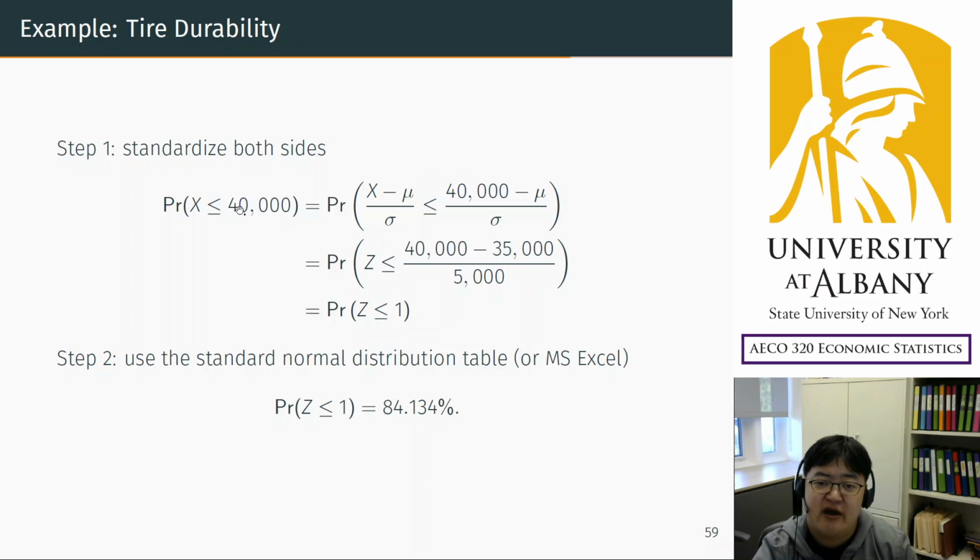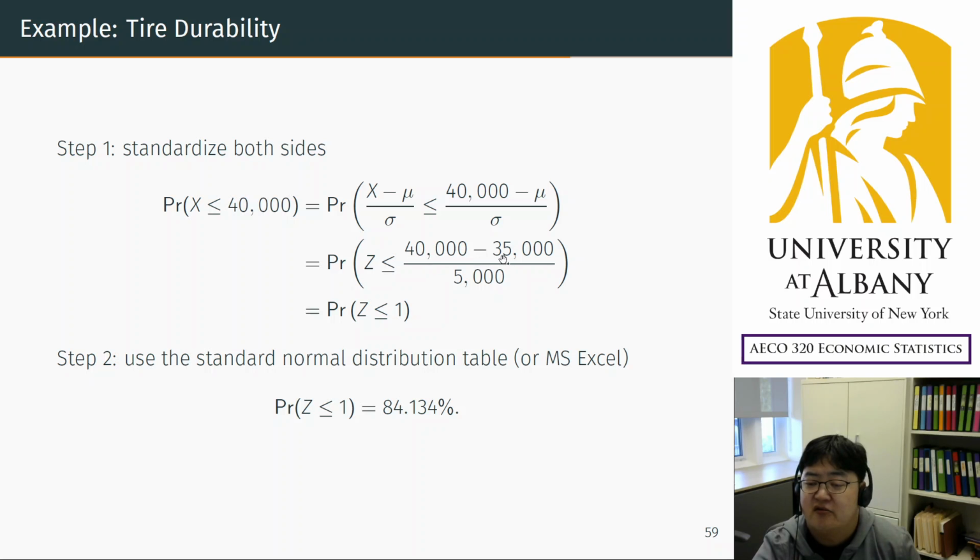Remember, when you standardize x, you have to standardize 40,000 miles at the same time to keep the inequality identical, right? So then the random variable becomes Z, and the right-hand side is just a number. You can plug in the parameter values. So then it is easy to calculate.